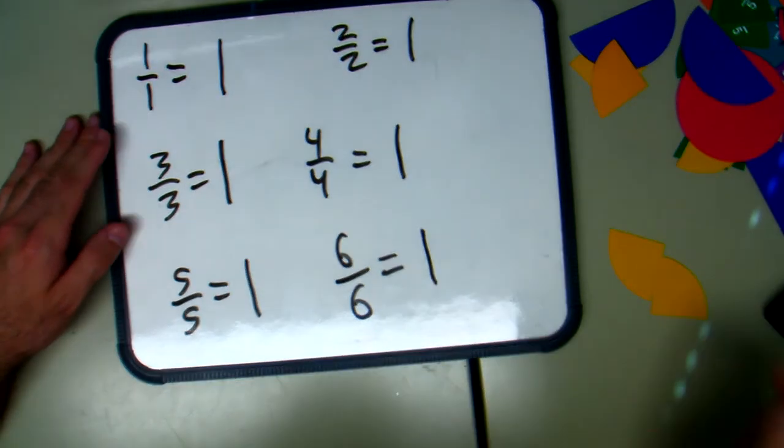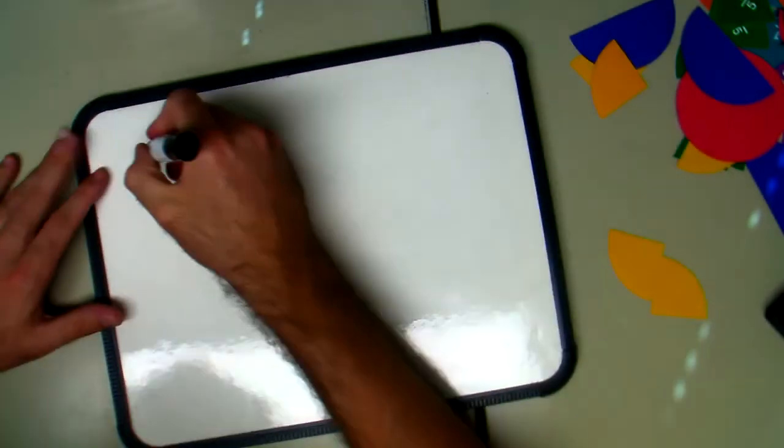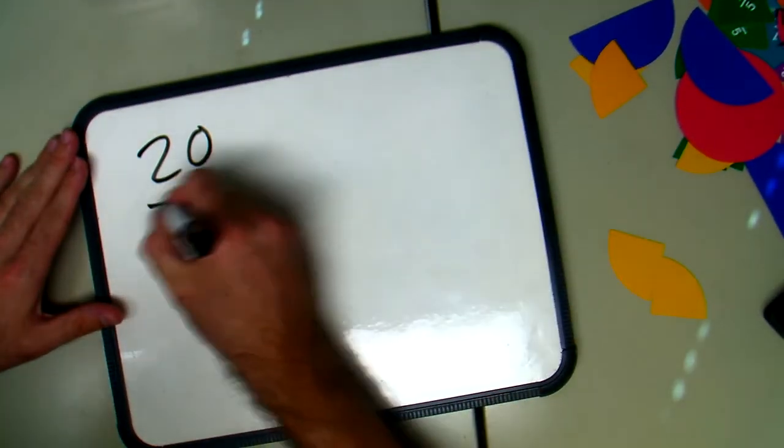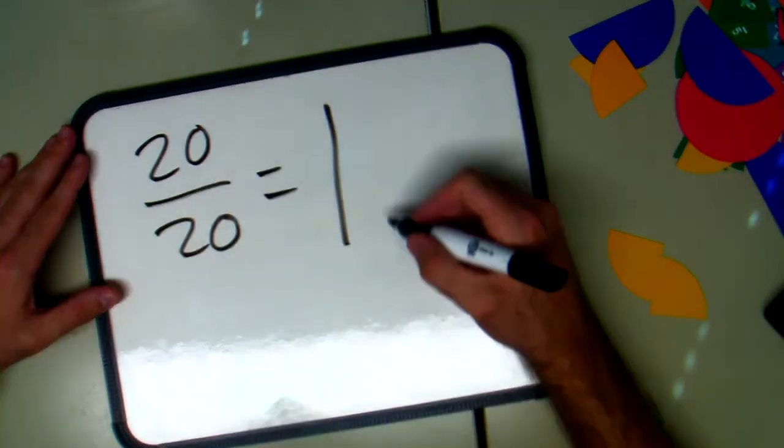Do you see the pattern? If I have 20 in the numerator and 20 in the denominator, it does not matter. It still equals 1. It equals 1 whole.